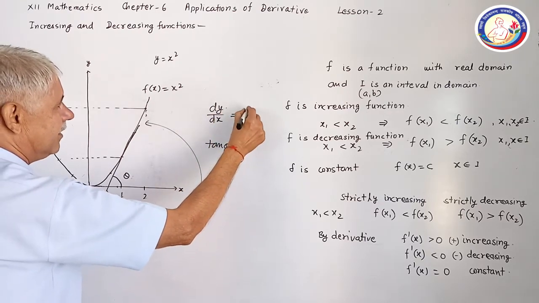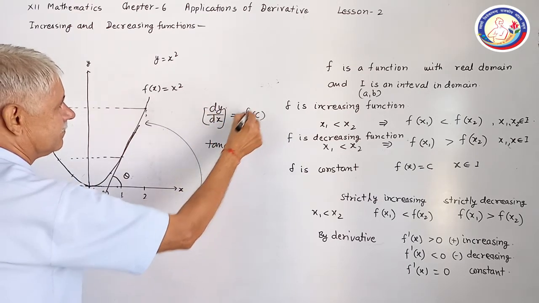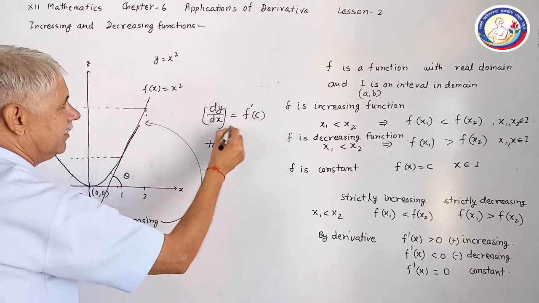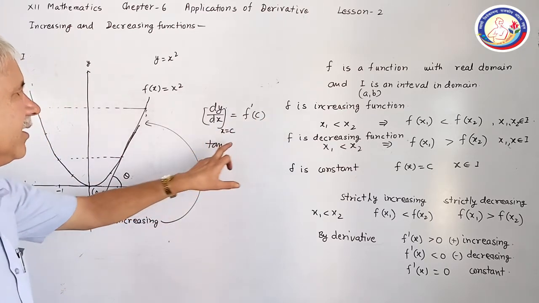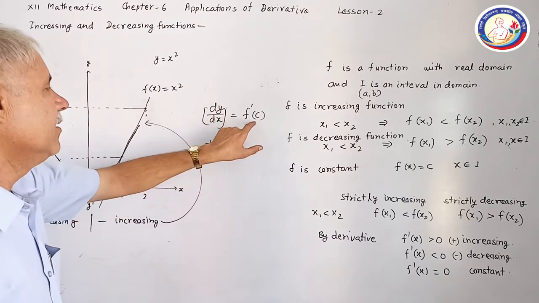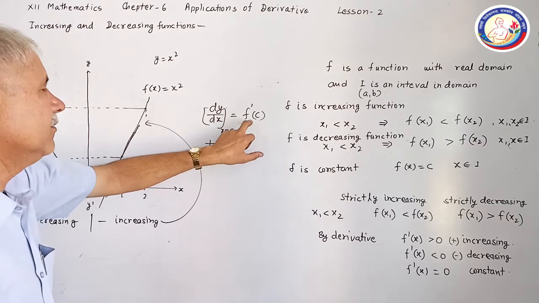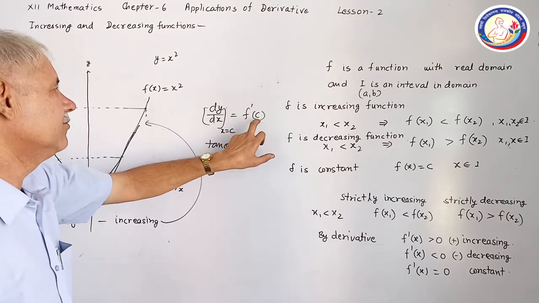Then it will represent f dash c when it is taken at x equal to c. So slope of tangent is determined by finding derivative of any function or the curve at a certain point x equal to c.